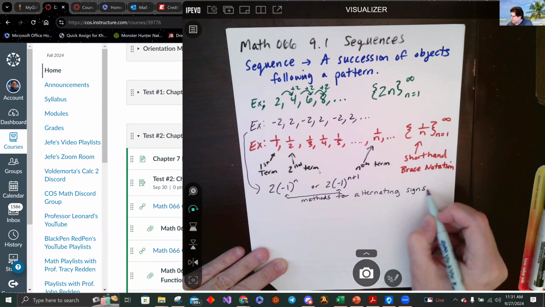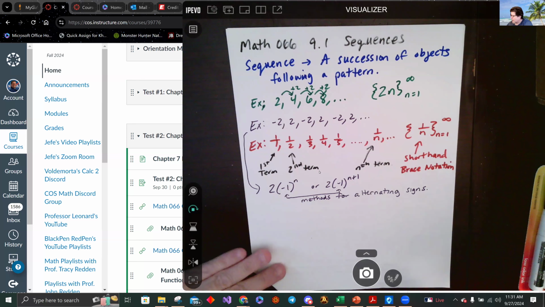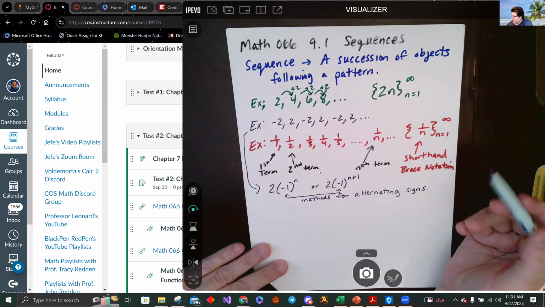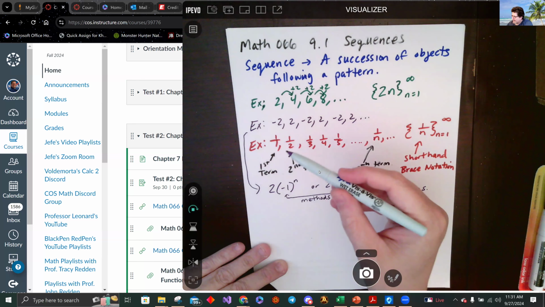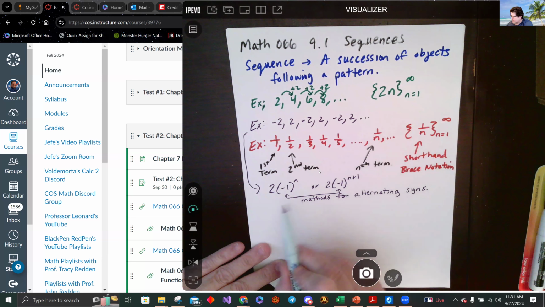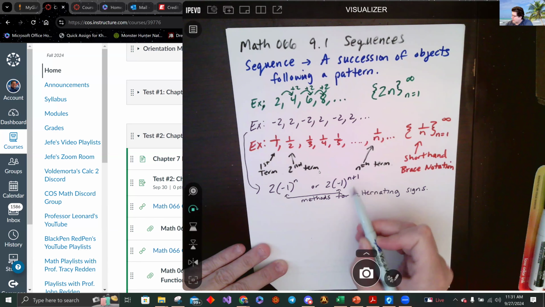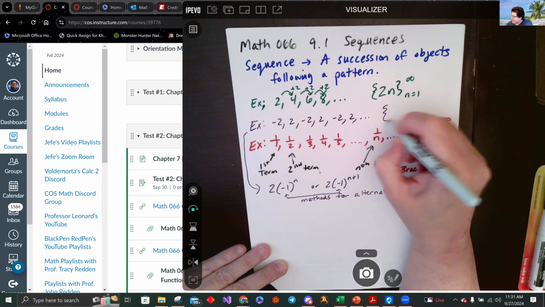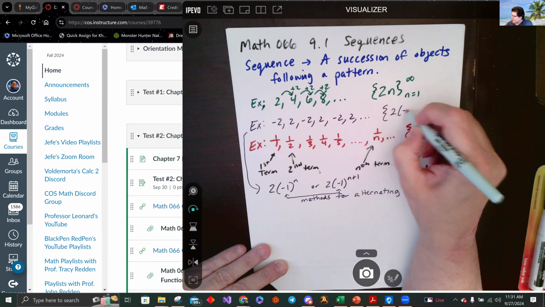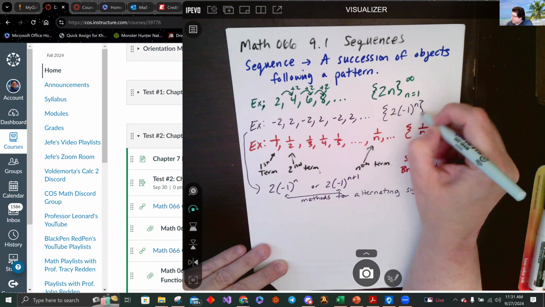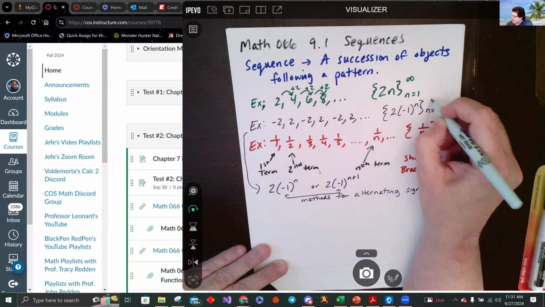So let's make sure we get the one that gives us the right one. If I want the first term to be negative, I need the outcome of this to be negative. If I put in n equals 1 here, -1 to the 1 is going to work. If I put in 1 here, -1 to the 2 is positive. That's not going to work. So the shorthand notation for this would be 2 times -1 to the n for n equals 1 to infinity.